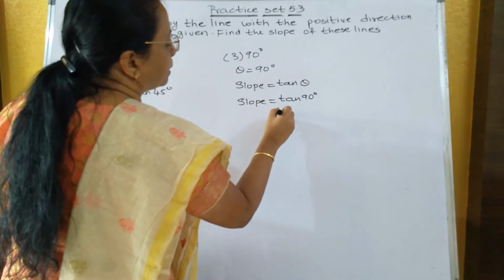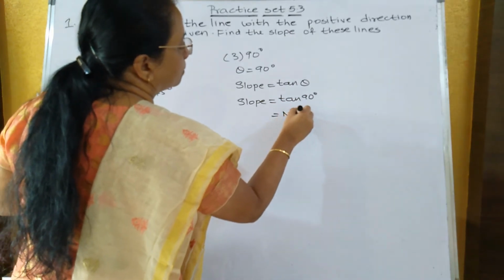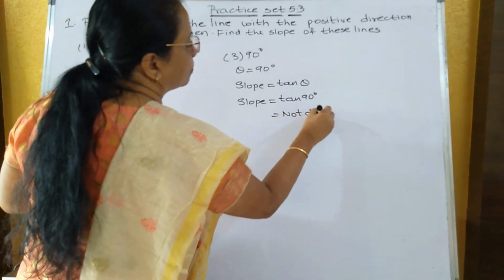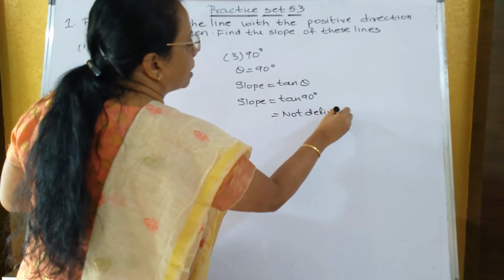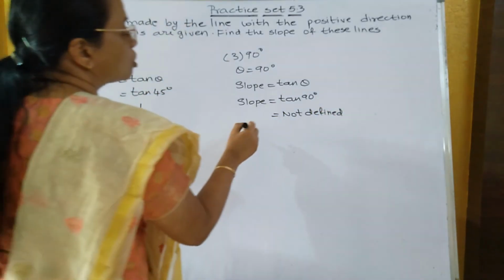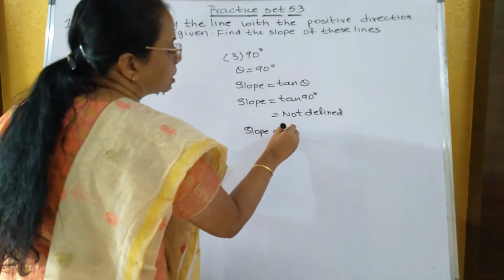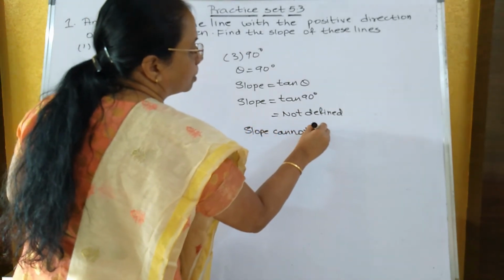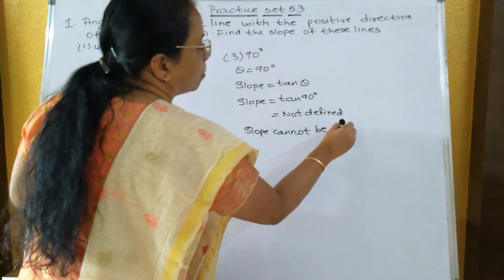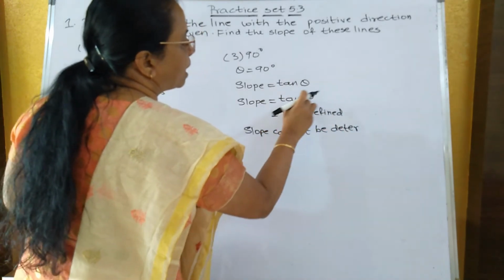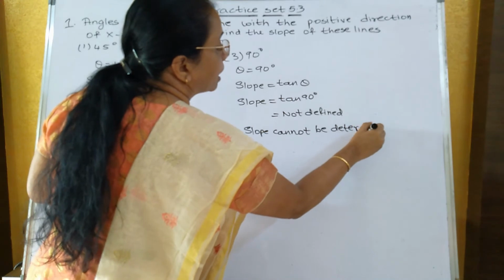And tan 90 degrees is not defined. So we can't determine the slope of this line. Slope cannot be determined, because tan 90 degrees cannot be defined.